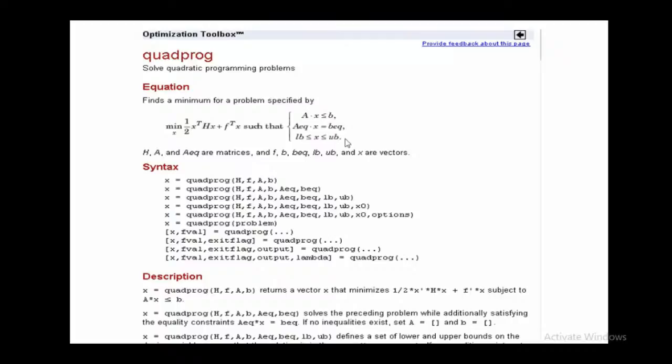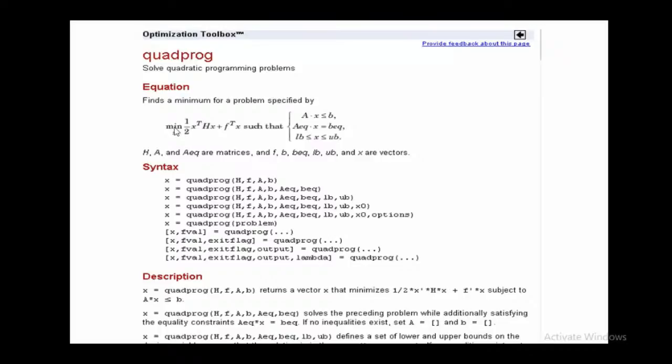So here, if we have this kind of form, we can find the solution by calling this particular function, and you will get the value of x, because x is your unknown. In our case, we have two problems of this particular type, and we have to find alpha 1 and alpha 2.